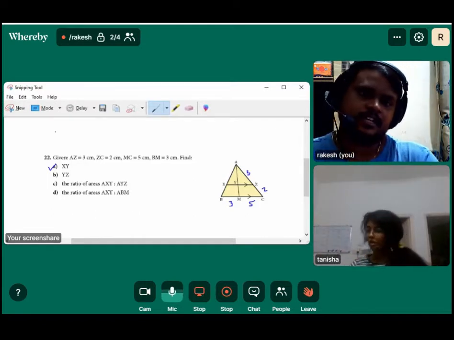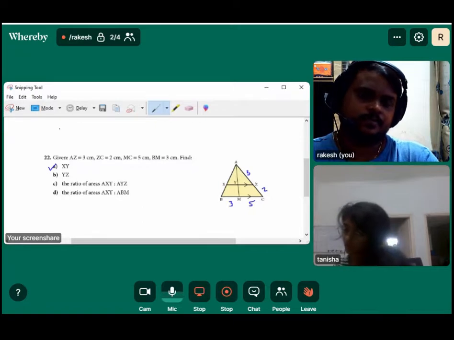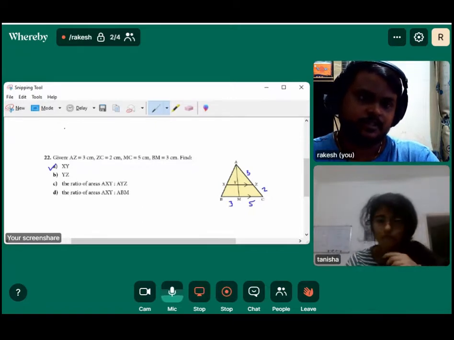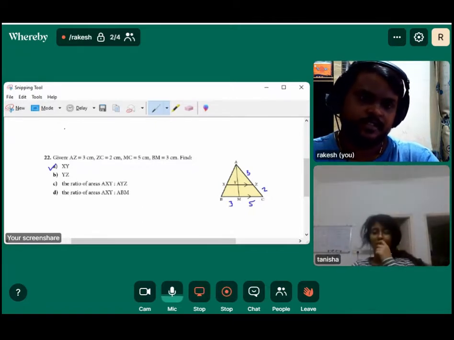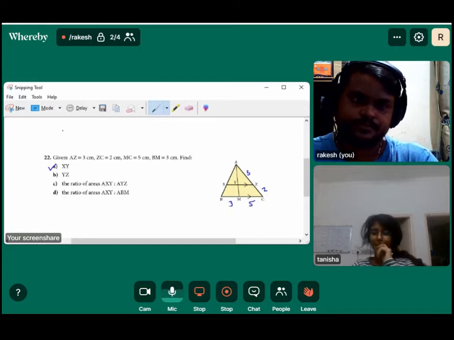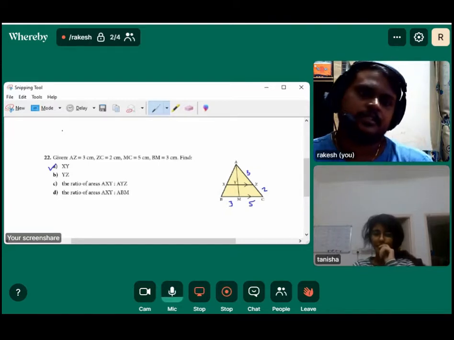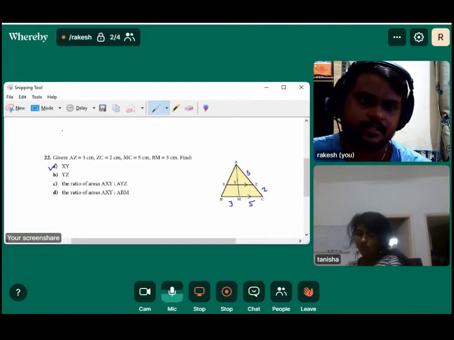See, if two similar triangles are there, then the ratios of their sides are equal. That information you have to use here. Try solving this.